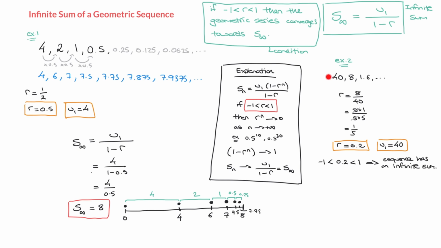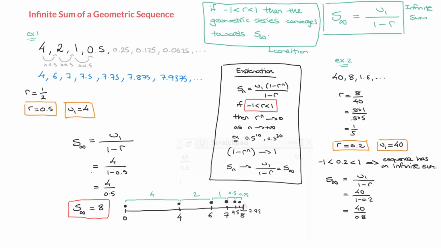Finally, since this geometric sequence has an infinite sum, let's go ahead and calculate it using our formula. And so we can state that the infinite sum, s sub infinity, is equal to u1 over 1 minus r. And now replacing u1 by 40 and r by 0.2, this turns into 40 over 1 minus 0.2, which becomes 40 over 0.8.